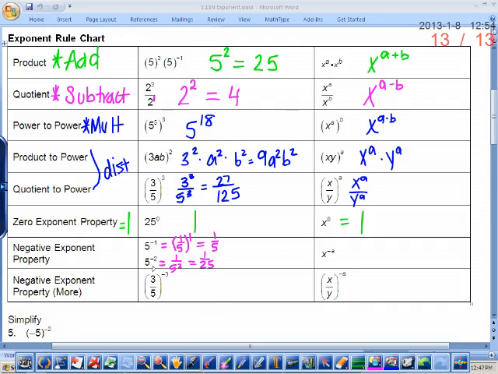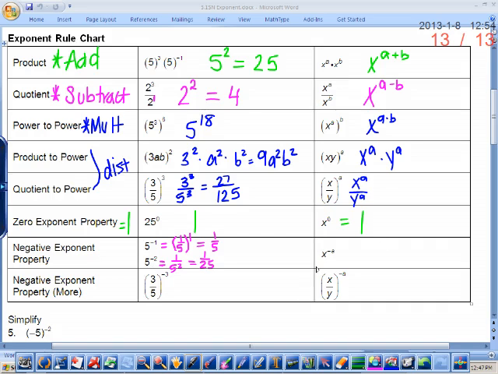You can think of it either way. You can think about just taking the reciprocal of the base and then using the exponent, or you can think about moving the whole thing to the other part of the fraction. Different problems, different strategies are going to work better for you. You just have to see which strategy works. Okay?